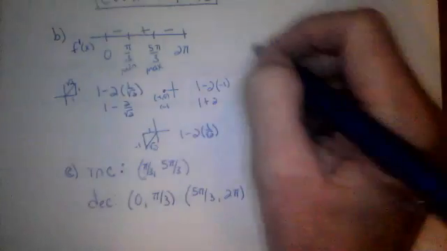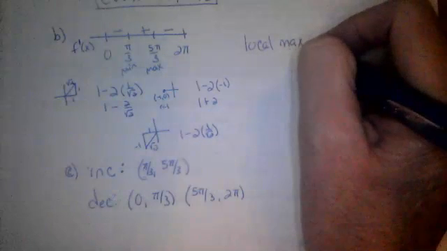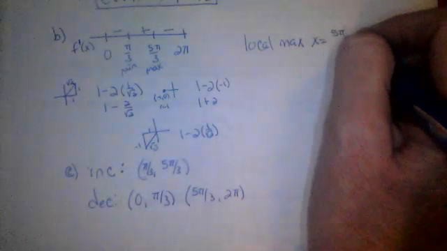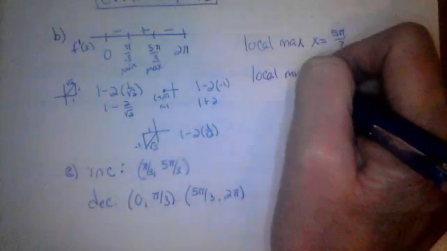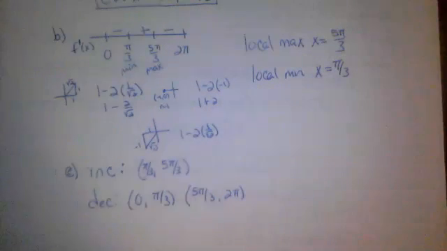So I have a local max, or a relative max, at x equals 5 pi thirds, and a local or a relative minimum at x equals pi thirds.